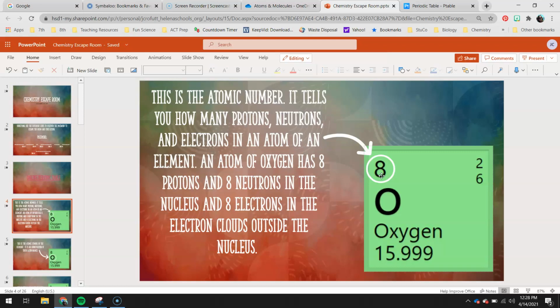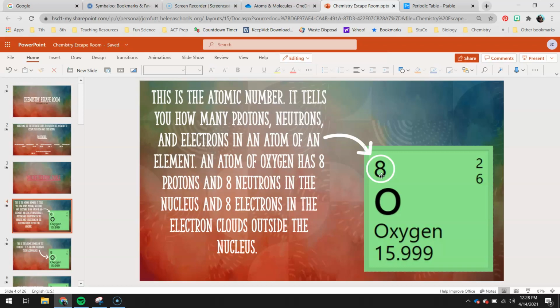And then there's also 8 electrons in little electron clouds surrounding the nucleus. So they're kind of found on the outside. They're kind of like the shell of the atom. Okay, so again, 8 protons and neutrons in a nucleus, which is the core, and 8 electrons in the little surrounding electron clouds of that core.